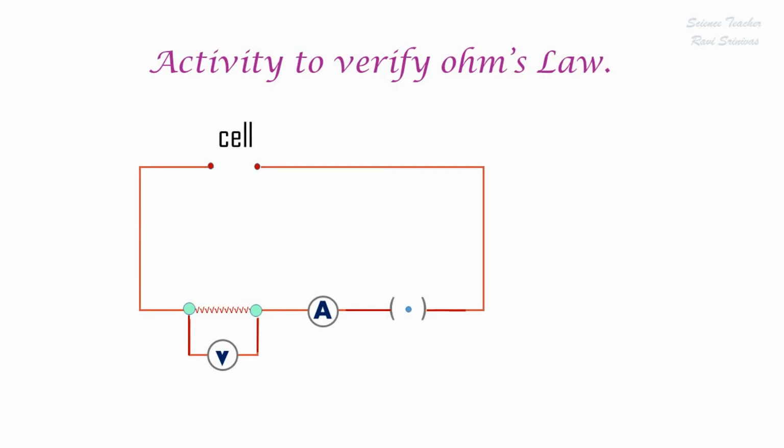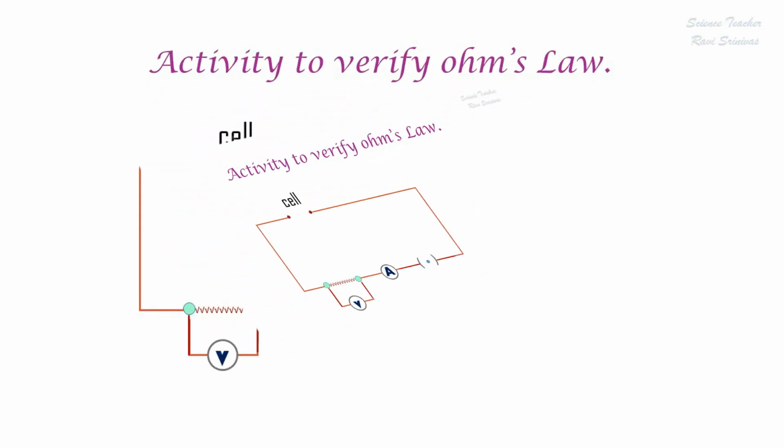Initially, we connect one cell in the gap shown in the circuit, and then readings of ammeter for current and voltmeter for potential difference will be noted.